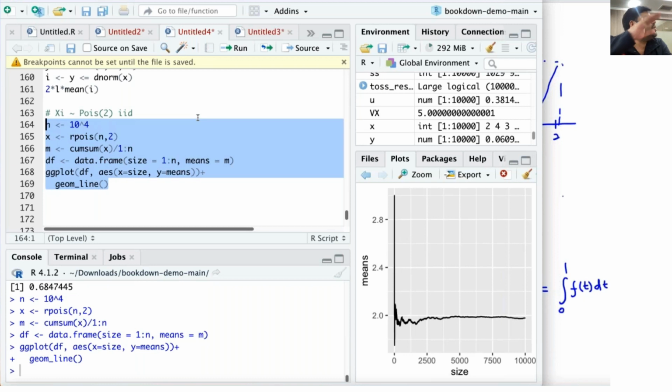You can see that initially there was a lot of variation, but then slowly it concentrated around 2. If you also want to add a horizontal line, there should be a way to do that.